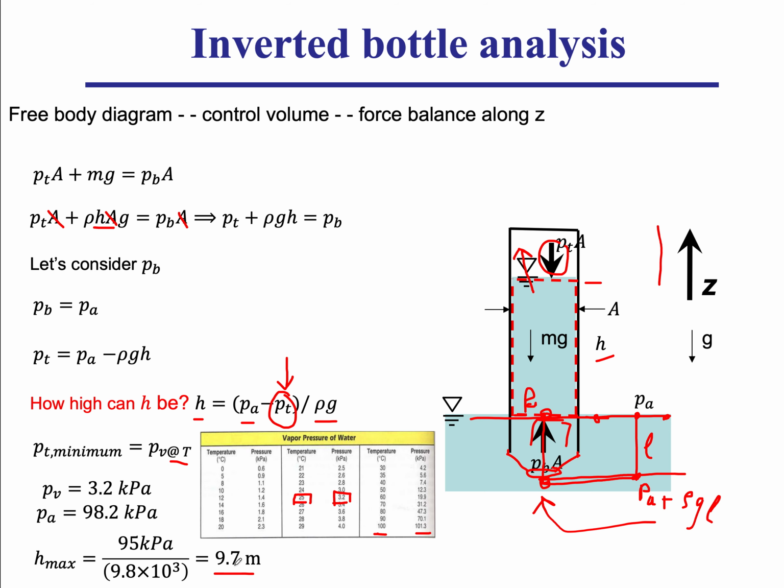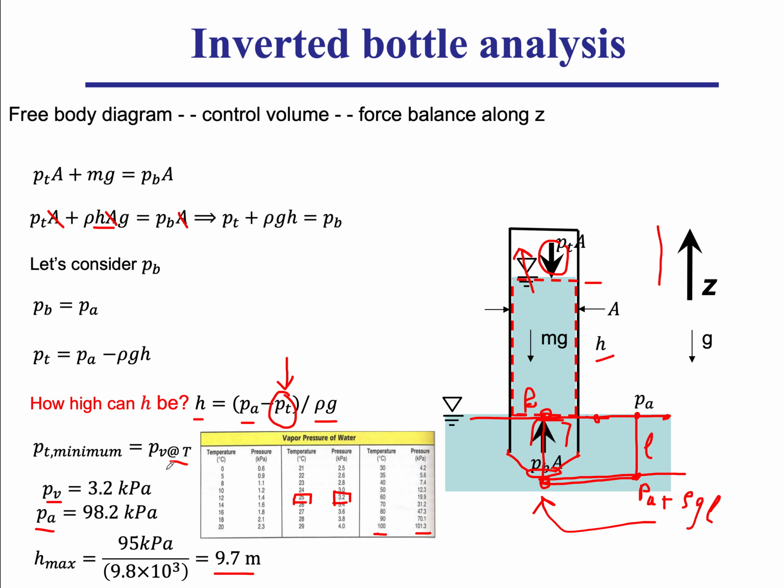So it's 9.7 meters here. And that comes pretty much from the properties of the water, and it comes from the atmospheric pressure at that particular location that we are at, as well as the temperature, the properties of the water at this particular temperature.